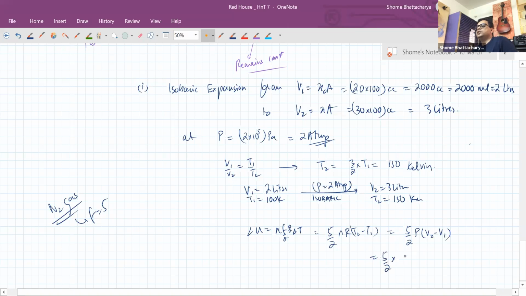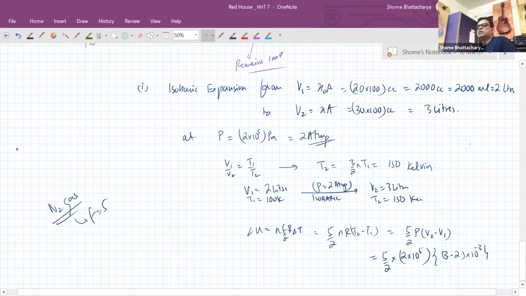So 5 by 2 into 2 atmospheres, so that's these many pascals, into (3 minus 2) into 10 raised power minus 3 meter cube, correct.